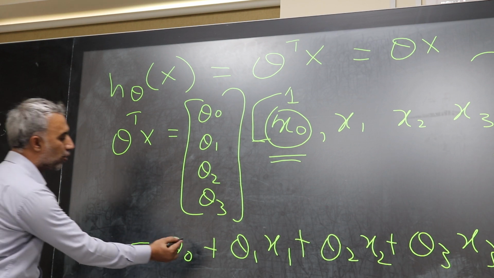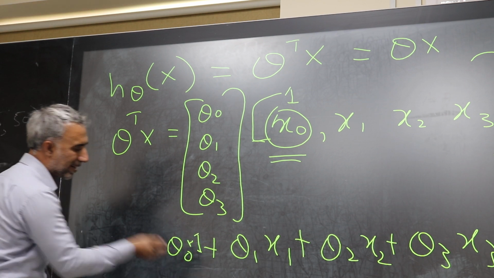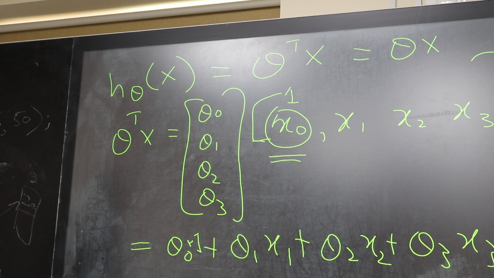As I told you, x naught is always 1, so I did not mention it. We are talking about whether an email is spam or not.